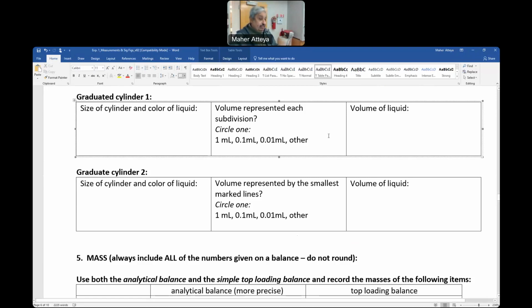Then you see the second one is the green color, and the graduated cylinder is 50, and it goes like 20, 30, 40, 50. So you can see how much it is, correct? Each one is 1, correct? Then you have to read the value. The first one is the blue solution in this exercise.